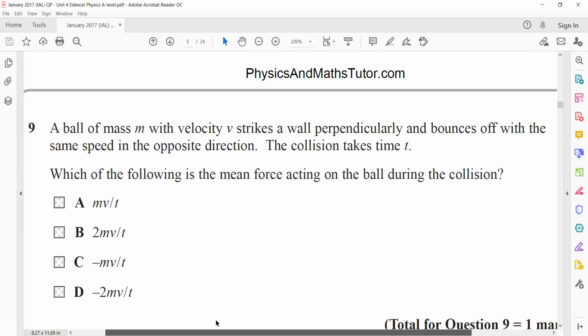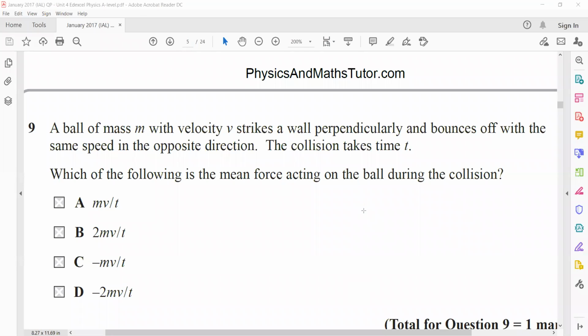The collision takes time t. Which of the following is the mean force acting on the ball during the collision? Yes, correct. D is the right answer.